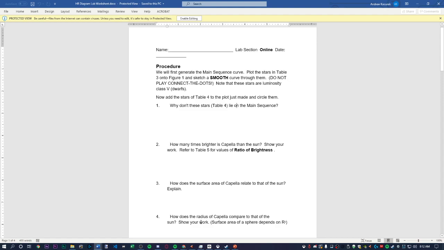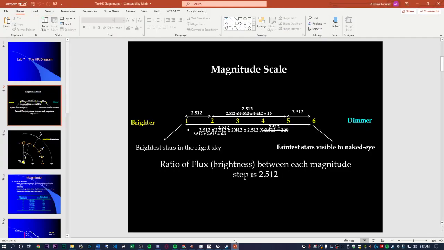So let's pull up something that will help you with the how many times brighter is Capella, ratio of brightness, etc. And here we have it. Okay. So we have the magnitude scale, the ratio of brightness, basically.